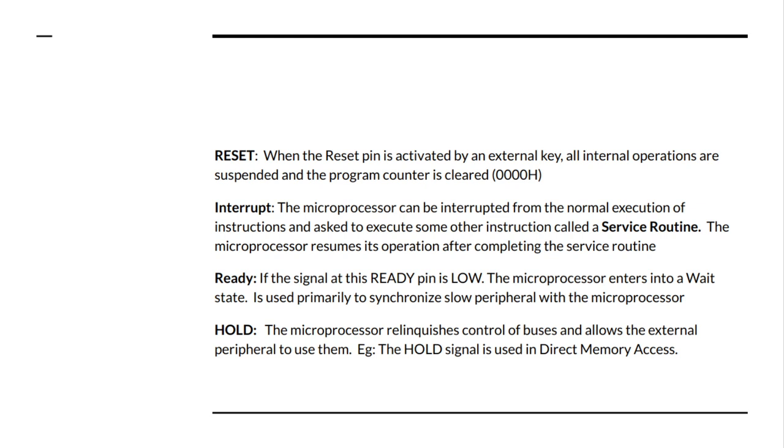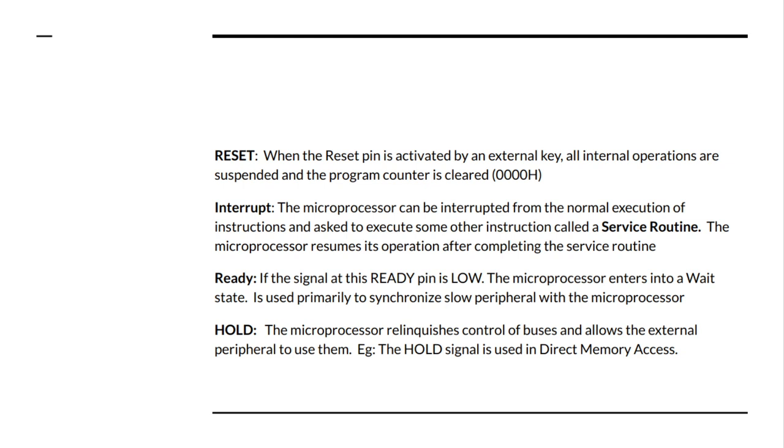What it is basically doing is that if you want to execute some other instruction, we can use the interrupt operation. Then we have ready. If the signal at this ready pin is low, the microprocessor enters into a wait state. It is used primarily to synchronize slow peripherals with the microprocessor.